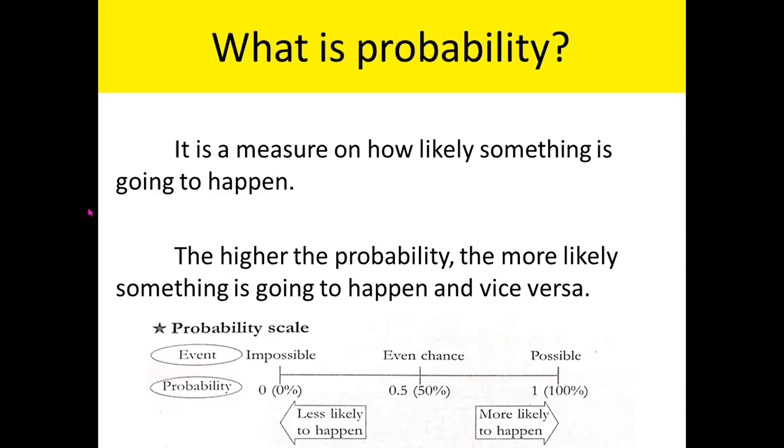That is certain, but we don't know when. So it is 100% to happen to us, but we just don't know when. So that is putting it on a probability scale.